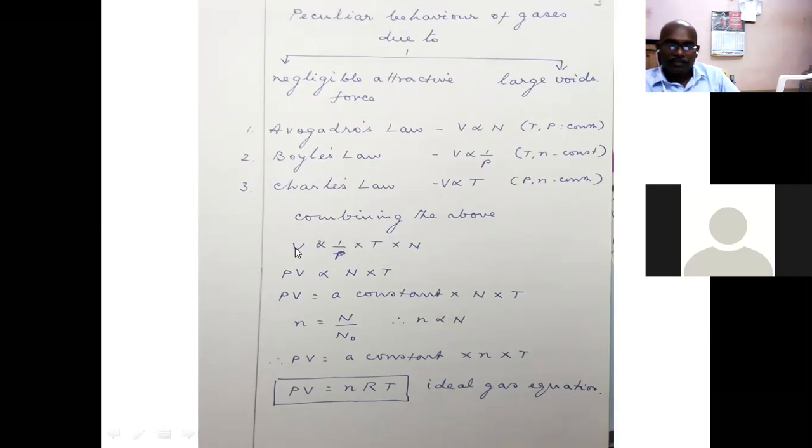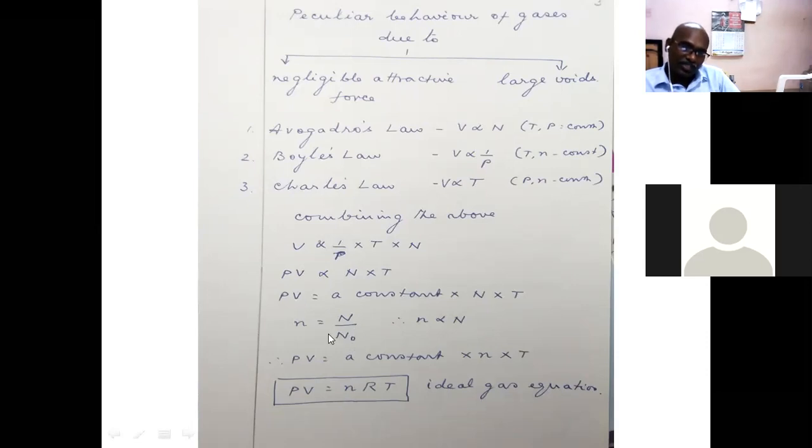Actually, this kind of exchange should not be done for proportionality; it can be done only in the case of an equation. You should not do it with the proportionality, but you can do it when a constant is introduced. Therefore, PV is equal to a constant times the number of moles of the gas times temperature. What is the number of moles of the gas?